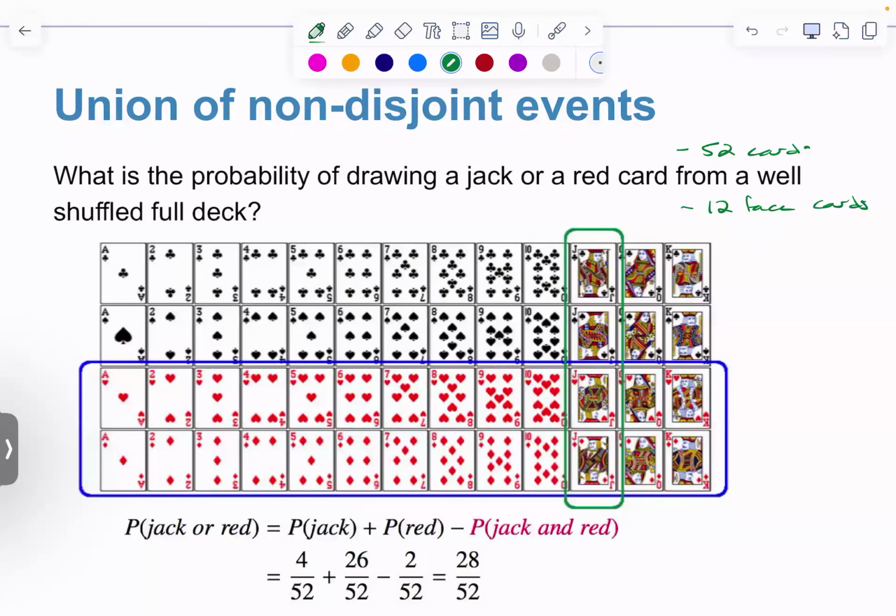I should have started with that. All right, 52 cards in a deck. There are 4 suits. There are 26 of each color.